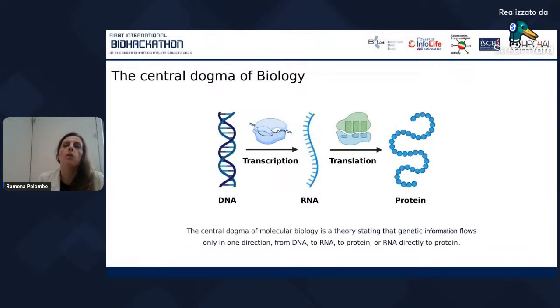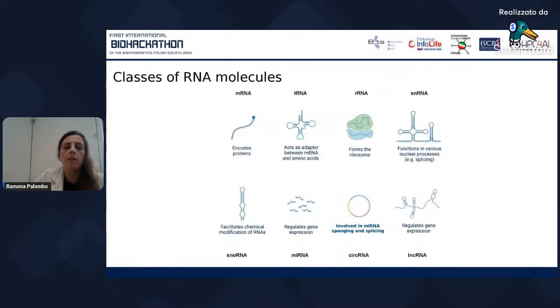It is the case of, for example, long non-coding RNAs. And so we have different kinds of RNA species. We can have messenger RNAs that encode for proteins, and they have a 5' cap, or they also have a polyadenylated tail.